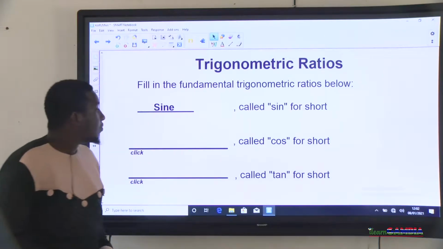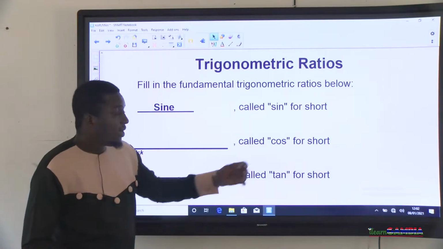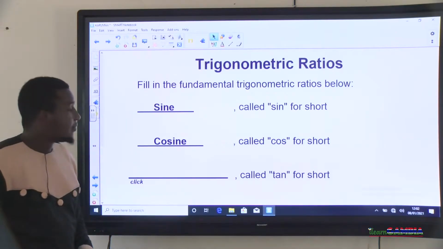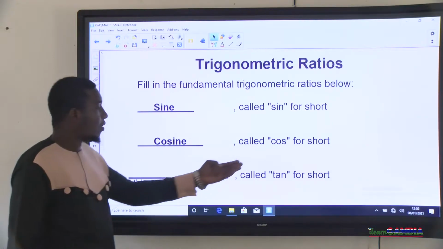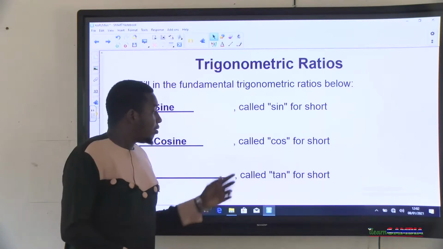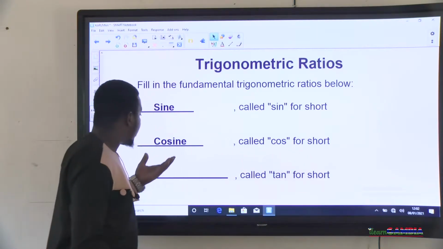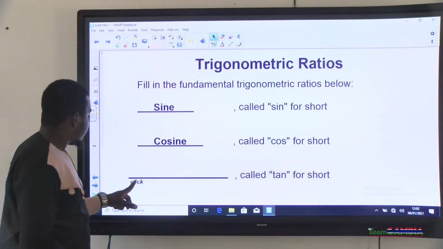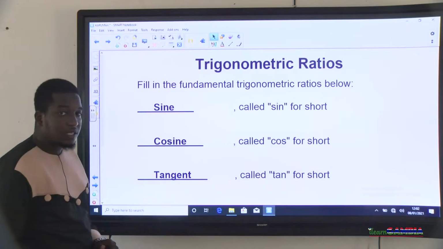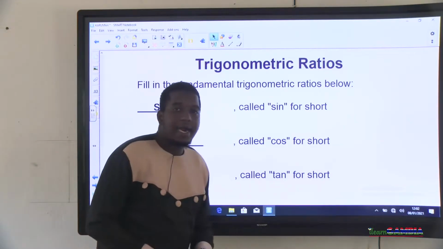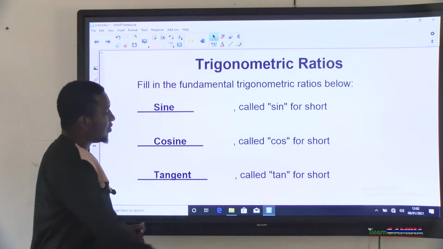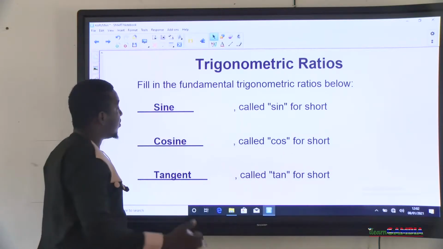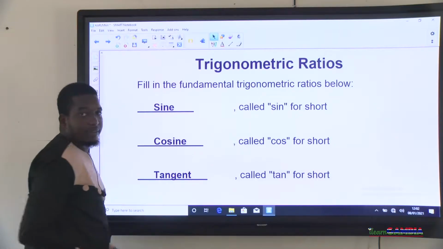And then the other one we have is cos, and the one that we call cos is cosine. Cosine is the one that we call cos in short. And then the third one, which is the tangent, is called tan. So we'll be using sine, cos, and tan in the place of sine, cosine, and tangent respectively.